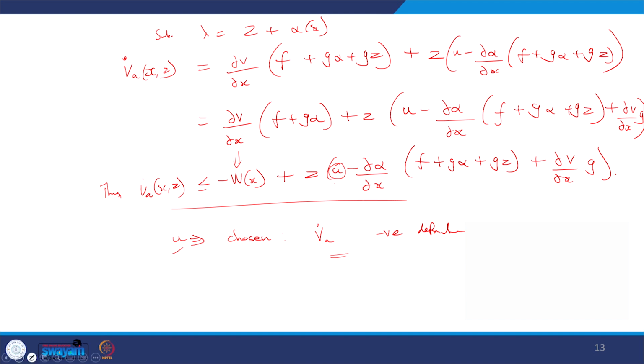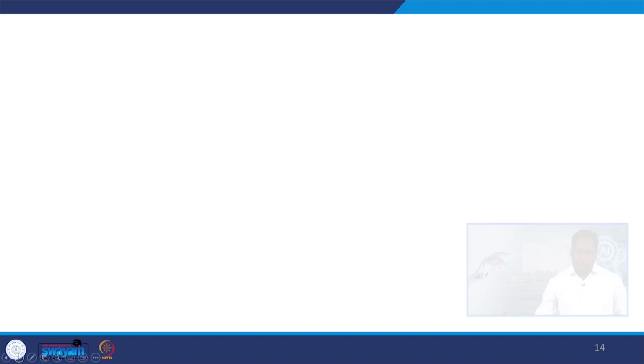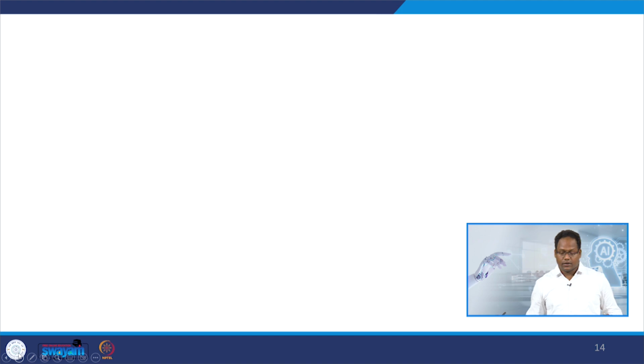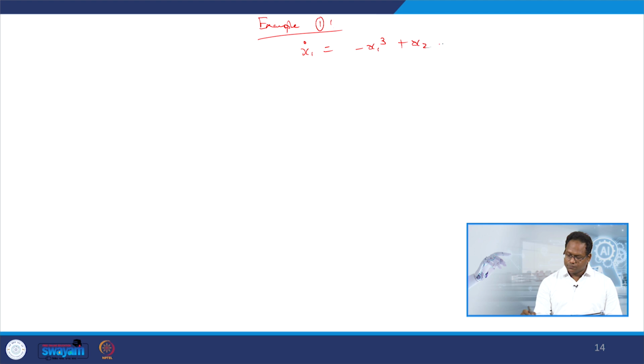Let us see an example to understand this concept of integrated backstepping controller in a better way. Consider the following system: x1 dot equal to minus x1 cube plus x2, which is equation 1, and x2 dot equal to x2 square plus u, which is equation 2.